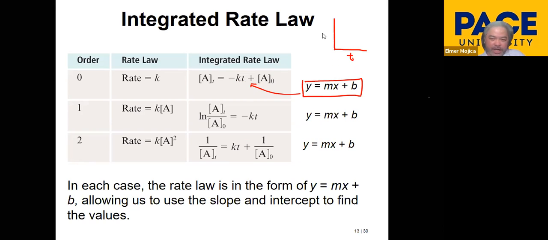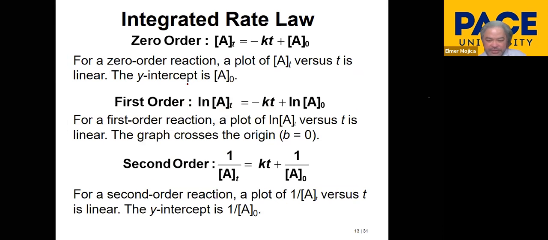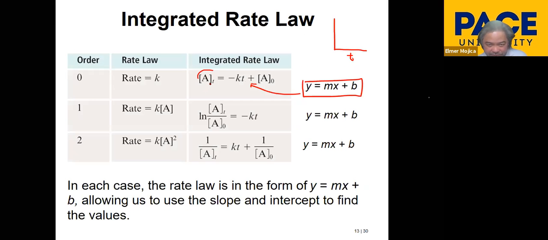Now, what is the y value? Okay, so the y value is the concentration, because what you have is y equals mx plus b. So your y value there is the concentration after some time. Now my question is, how does the plot look?